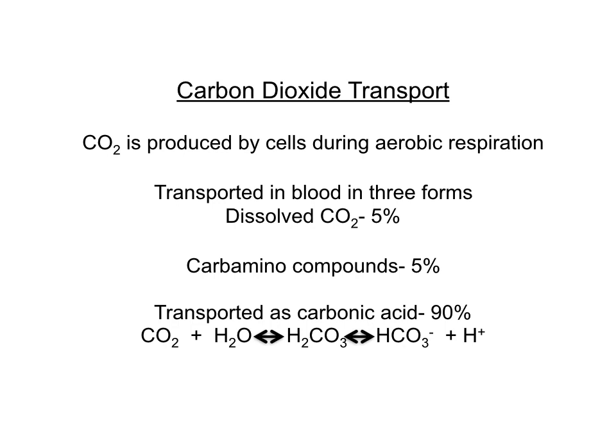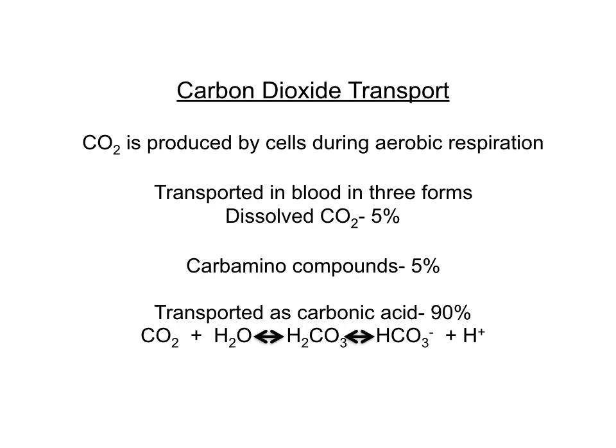Recall from the blood chapter that CO2 can bind to hemoglobin, specifically the globin portion of your hemoglobin, and that when CO2 is transported by your hemoglobin, it's called carbamino hemoglobin. The other 90% of your CO2 is transported as carbonic acid.